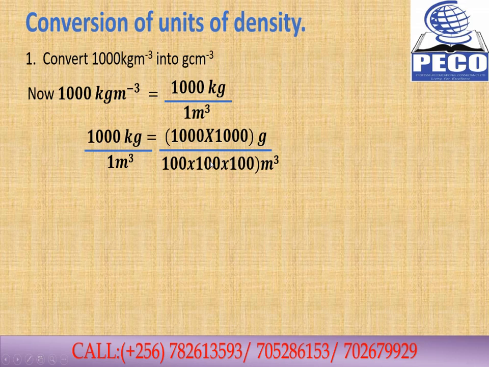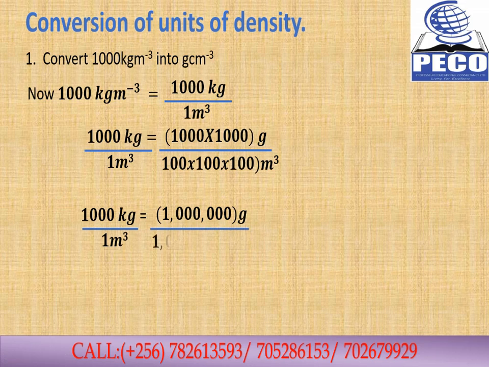So in terms of centimeters, this would be 100 centimeters times 100 centimeters times 100 centimeters, and therefore that value, when you multiply, becomes 1 million, and also here when you multiply you get 1 million centimeters cubed.